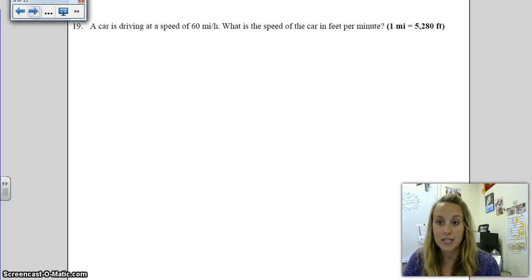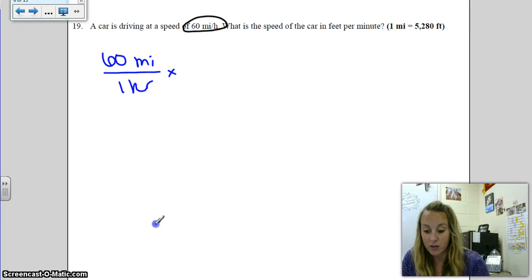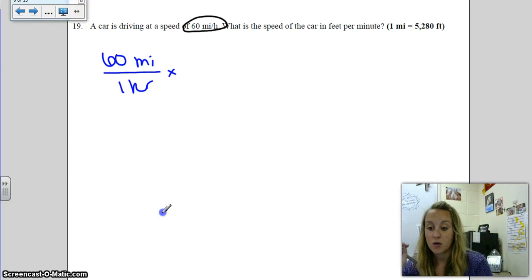Okay, this next one is a little more complicated of a conversion, but we're still doing the exact same thing. We're just combining 2 steps into this one. So I start with the given information, 60 miles per hour, okay? So we were trying to find it in feet per minute. So I'm going to go ahead and convert my miles to feet.